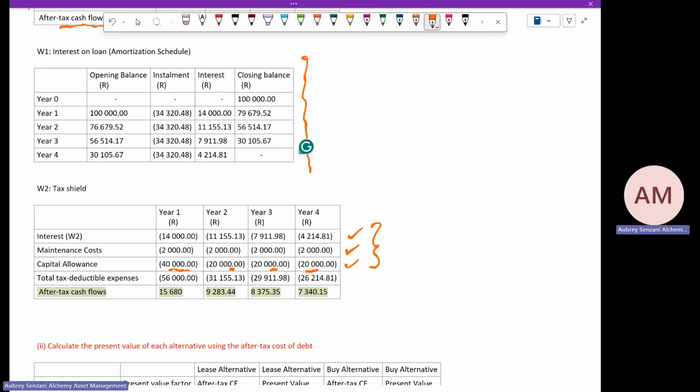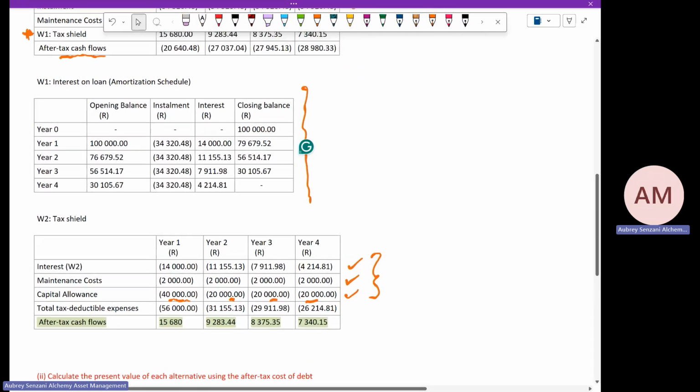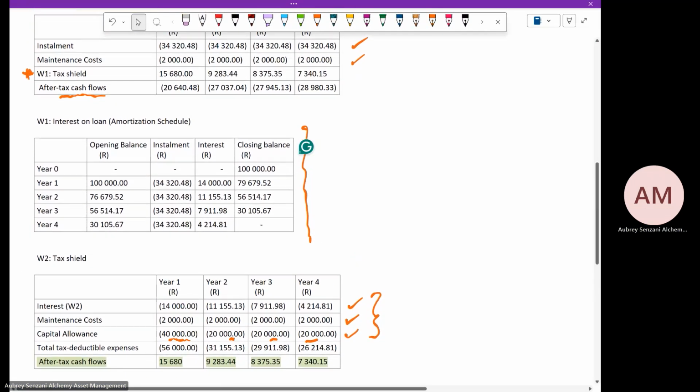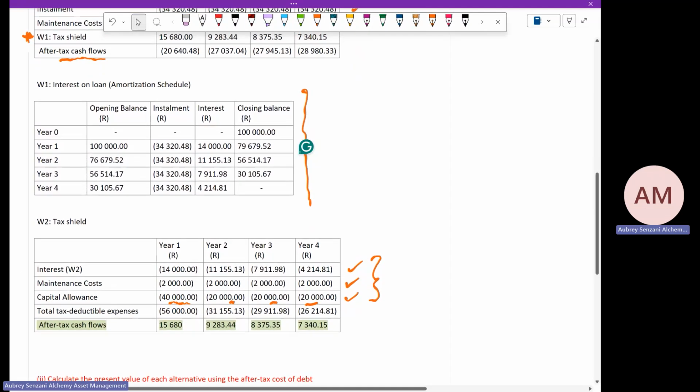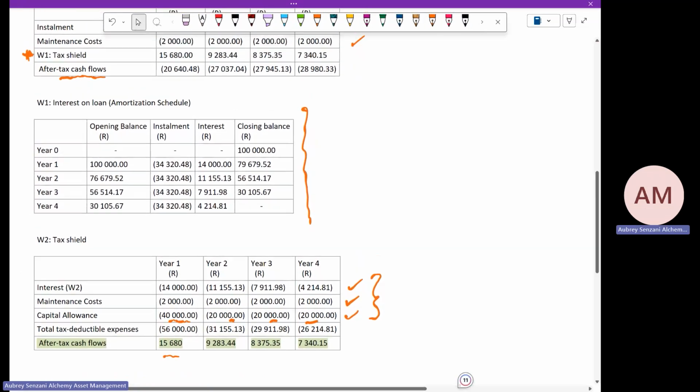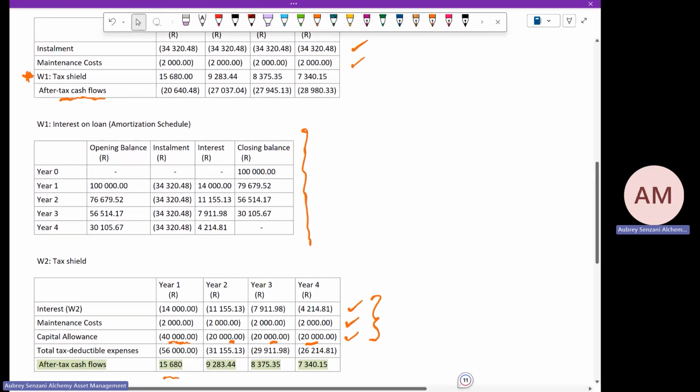Now, once you have that, for this after-tax cash flows, you want to calculate for me quickly, because I didn't check this. It should be 28% of the 56,000.